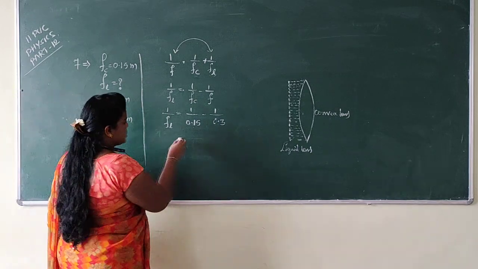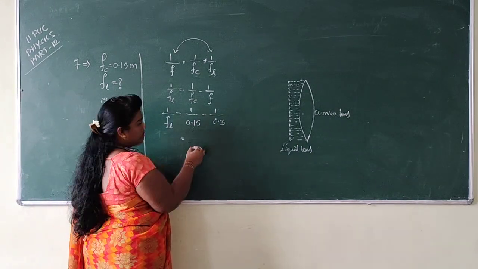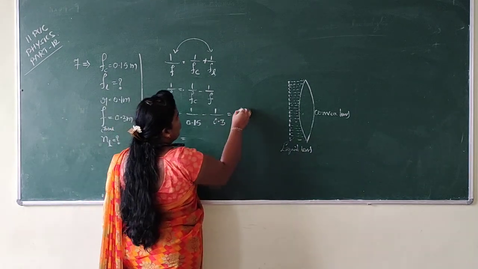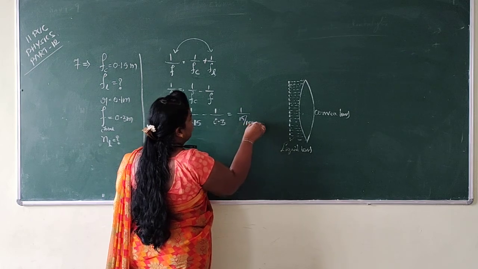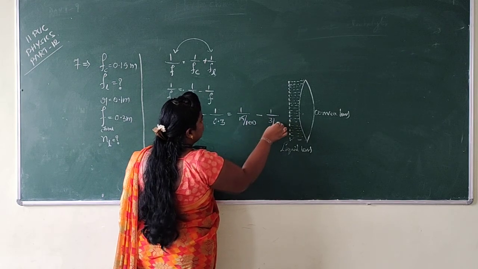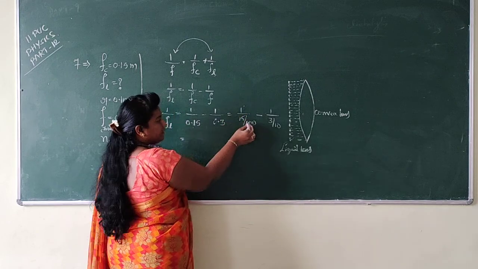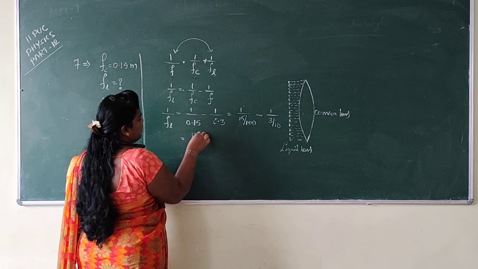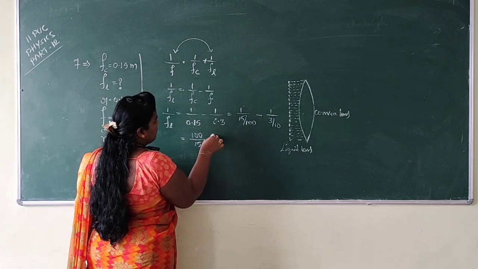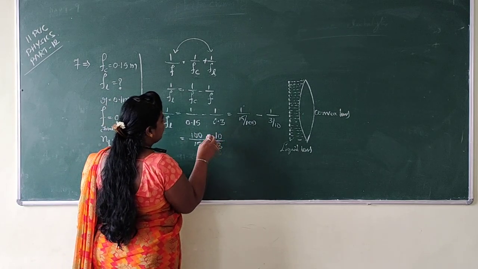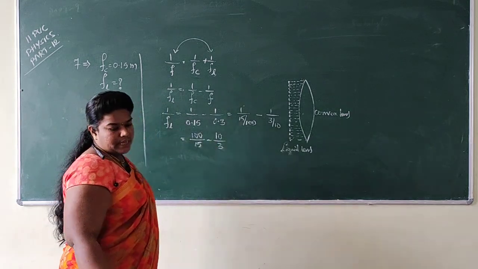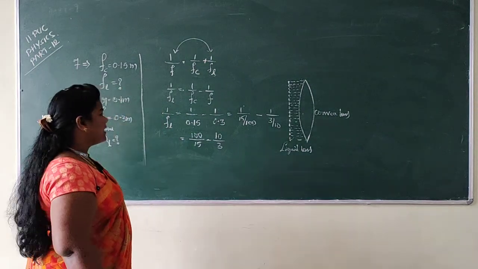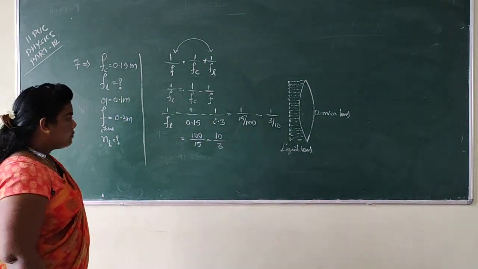So 1 divided by 15 by 100 minus 1 divided by 3 by 10. The 100 moves to the numerator, because the reciprocal of a denominator is the numerator. That is 100 divided by 15 minus 10 divided by 3. What's the LCM for 15 and 3? Obviously the LCM is 15 itself.